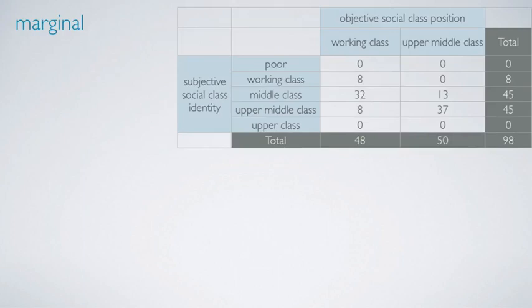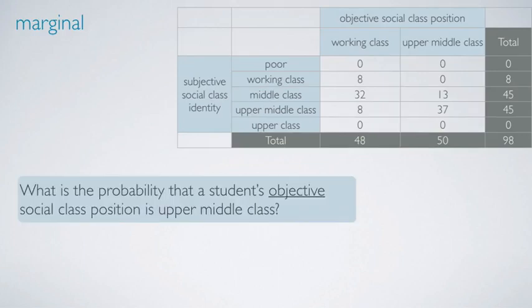What is the probability that a student's objective social class position is upper middle class? To answer this question, we look at the objective upper middle class column and see that there are 50 students who belong in this category, out of a total of 98 students. And the probability is simply 50 over 98, that's roughly 51%.